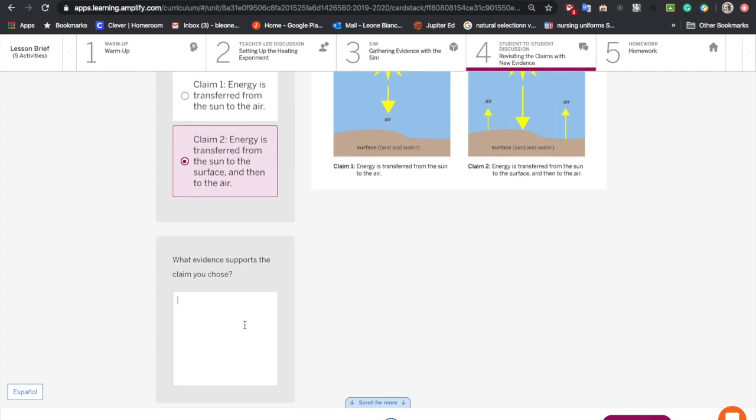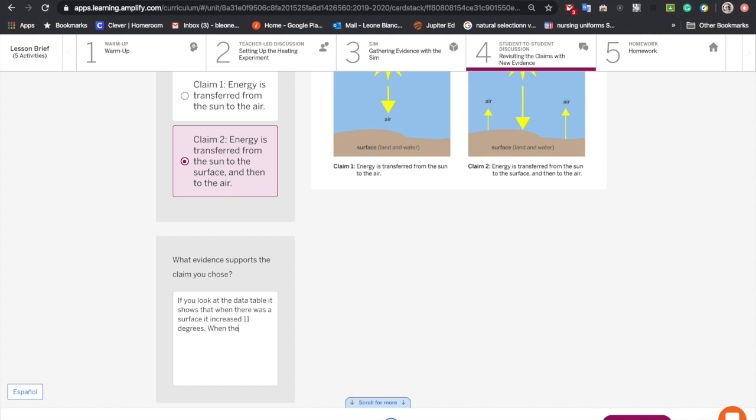And what evidence supports the claim? If you look at the data table, it shows that when there was a surface, it increased 11 degrees.